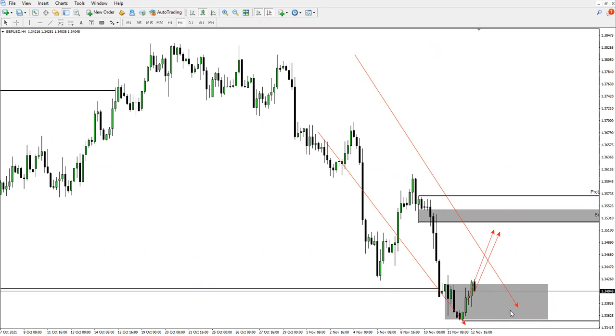I need to see good market structure breaks in here, buy setups that I can use to trade higher whilst risking half of my usual trade size, because remember, the bias is bearish and we'll be trading against the main trend. So I'll just try and capitalize in here. If I get a good setup, I'm buying.